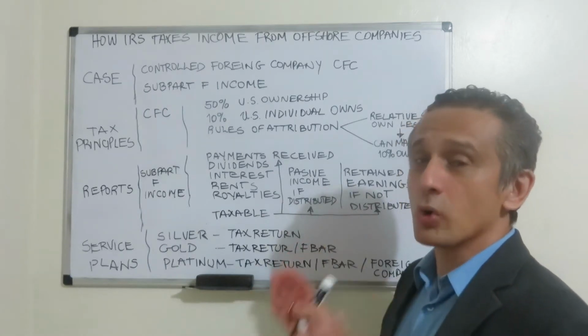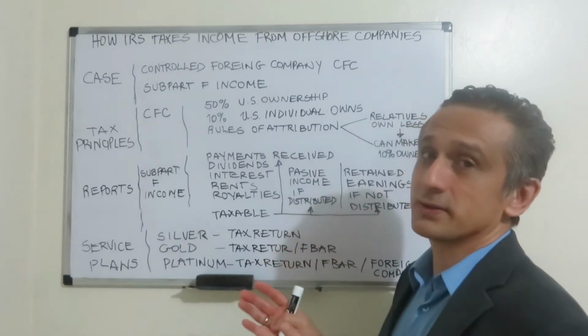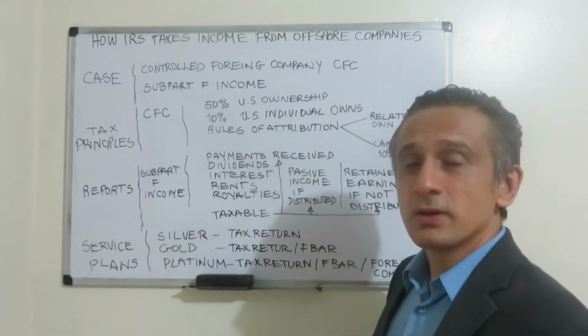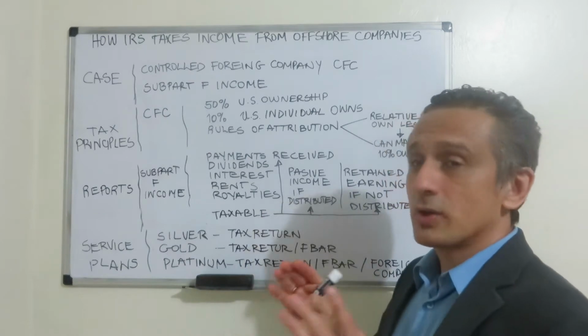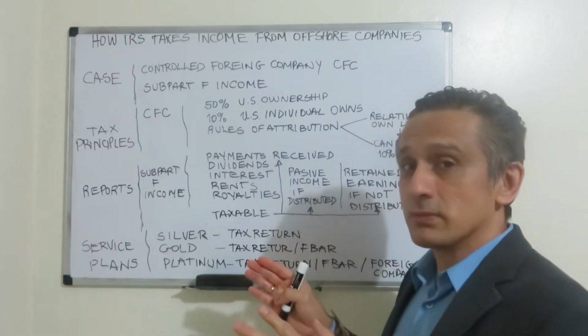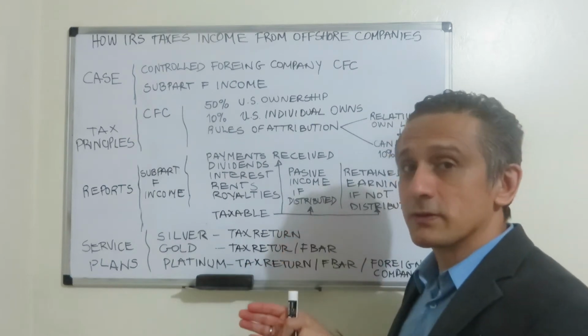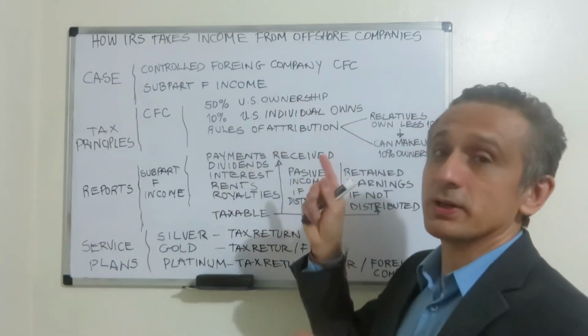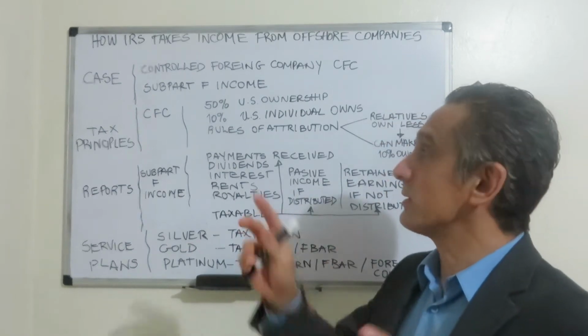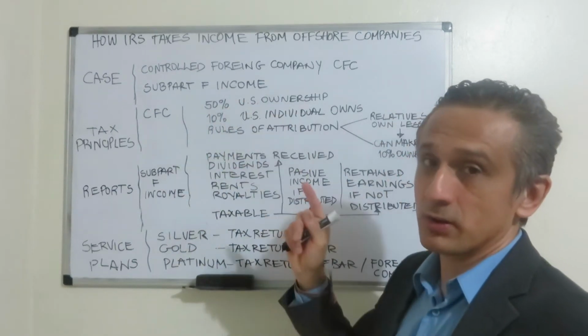The Internal Revenue Code classifies those companies as Controlled Foreign Company, or CFC. In addition, the Internal Revenue Code also classifies the income or the profits that a controlled foreign company distributes to a U.S. citizen as Subpart F income.